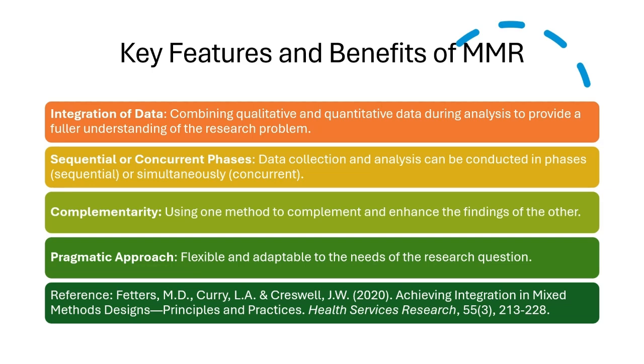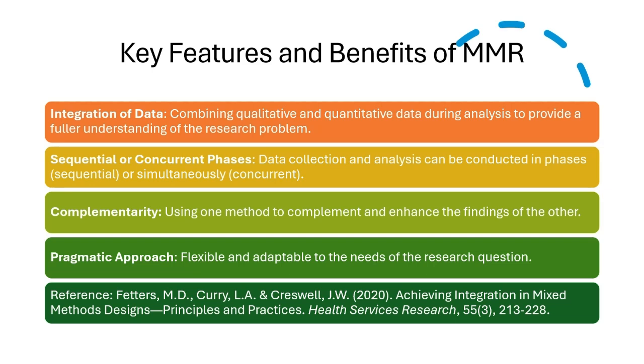And then, as we said, the pragmatic approach, being flexible and adaptable to the needs of the research question. And you will gather in the time that we focus on the research questions very particularly when we speak about mixed method research. And there's another reference for you.